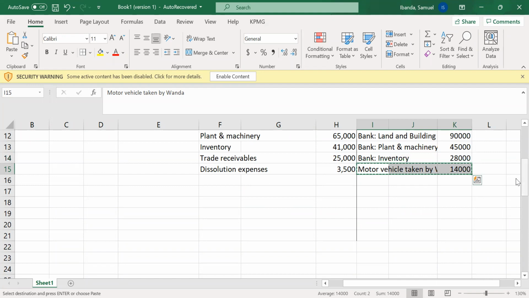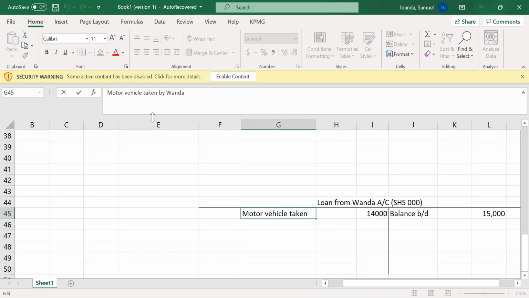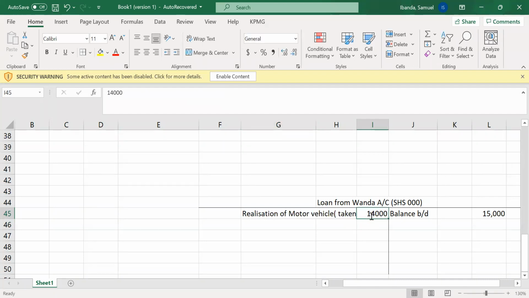So I'll just come here and put this here, and I'll say realization of motor vehicle, and I'll put in bracket taken by Wanda. So you're able to put the 14 million of what Wanda took, okay?